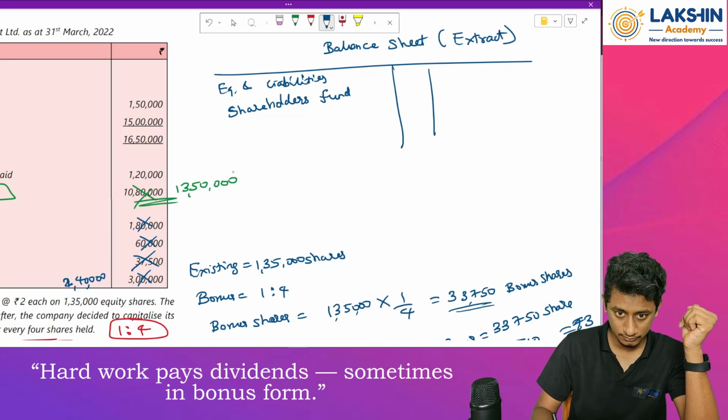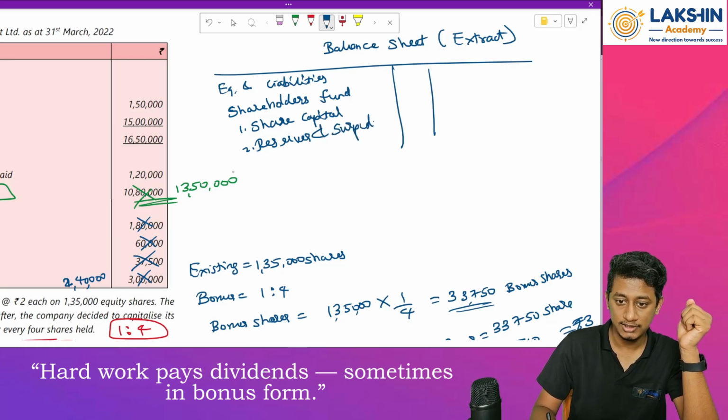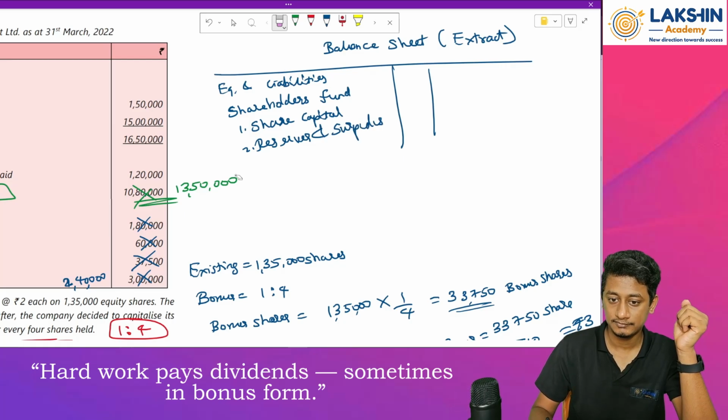Then in this we have share capital, then we have reserves and surplus. Okay, this is my note number 1, this is my note number 2.